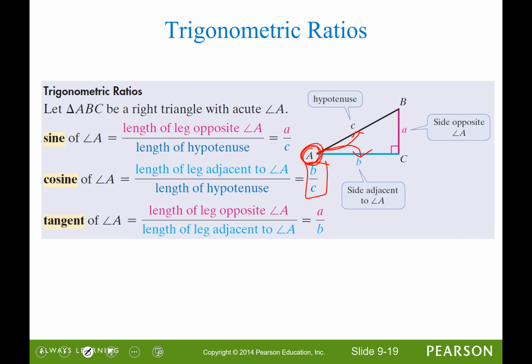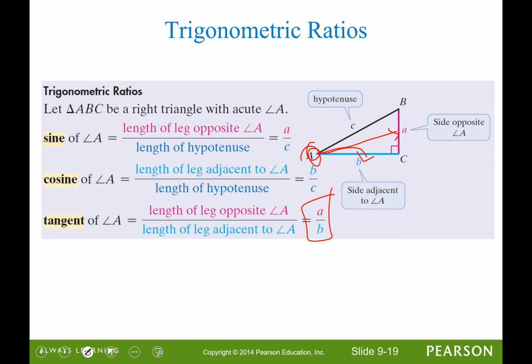All right, third one, tangent, often abbreviated TAN. Tangent of angle A is the length of the opposite leg over the length of the adjacent leg. And that is why you see the A over B right there.